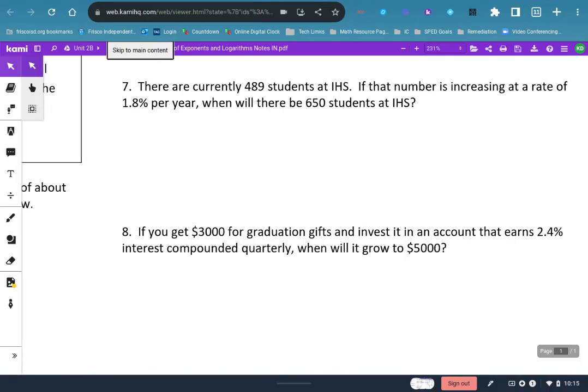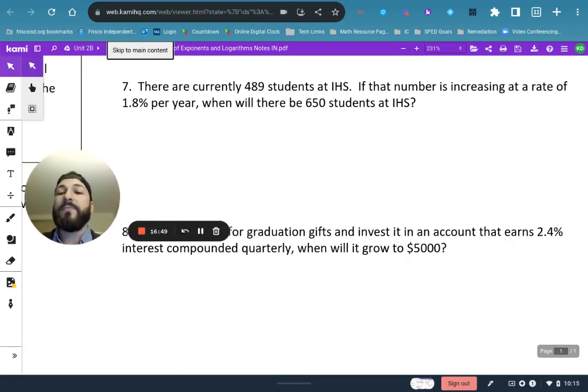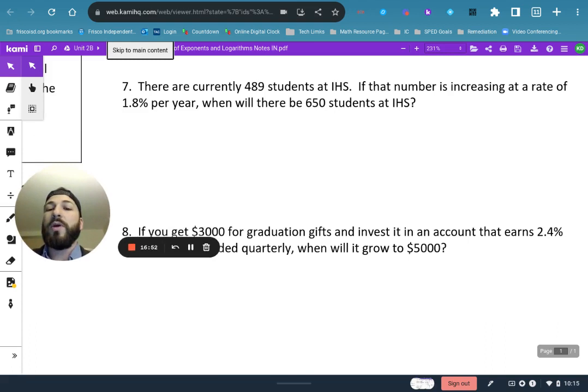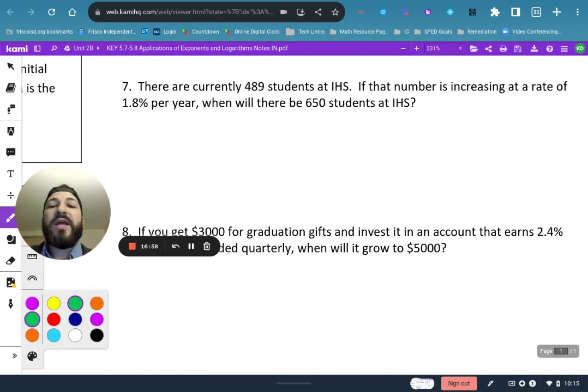So looking at 7, there are currently 489 students at IHS, and if that number is increasing at a rate of 1.8% per year, we want to know when there will be 650 students at IHS. So let's identify our key pieces of information just like we've been doing.